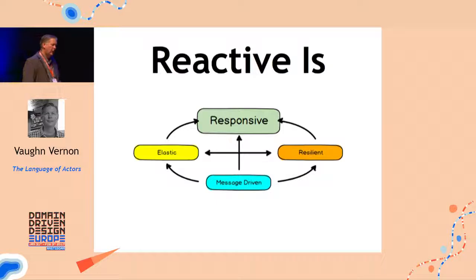Elastic, so you can grow and shrink these graphs of systems. It's resilient, and this is an interesting aspect of the actor model: a client who sends a message to an actor, if that actor fails before or during that request, doesn't have to deal with the crash.